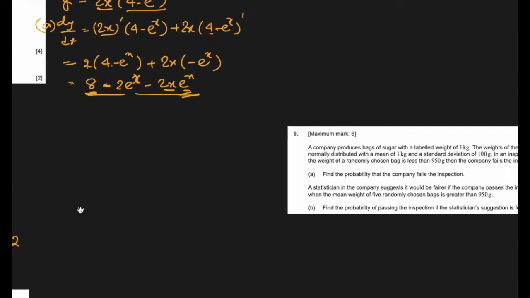Okay. Question number 9. A company produces bags of sugar with a labeled weight of 1 kilogram. The weights of the bags are normally distributed with a mean equal to 1 kg and standard deviation equal to 100 grams, which can be written as 0.1 kg.